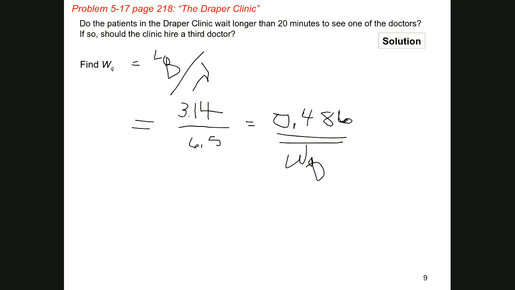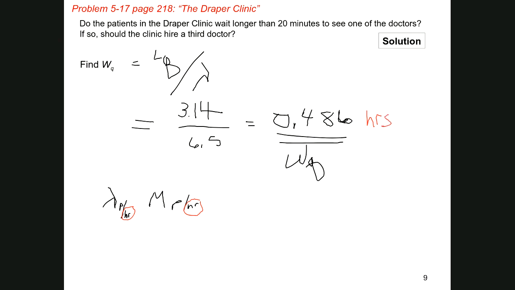Do you know how to answer that question? The units for this term have to be the same units that we used for lambda and mu. Lambda was patients per hour, and the service rate was also in patients per hour. So the units for this term are hours. So this is 0.486 hours.